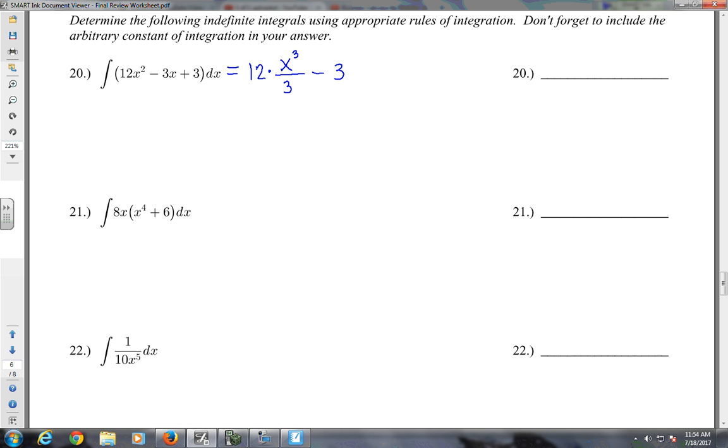And then we are going to increase the exponent on that x by 1 and divide by that number. And the last term, we're integrating 3. Notice you could view that as 3 times x to the 0th power. So if I add 1 to 0, I get 3x.